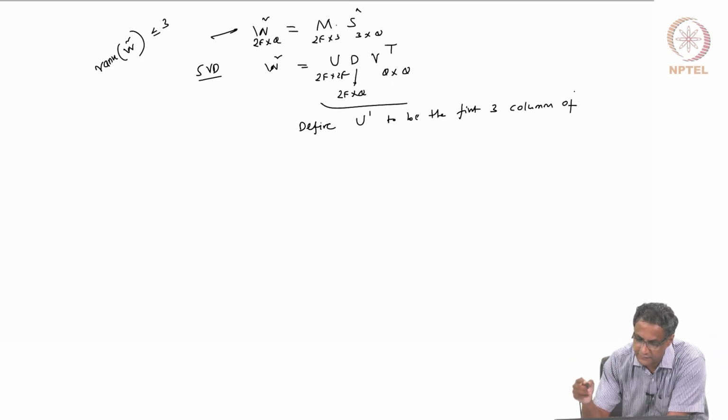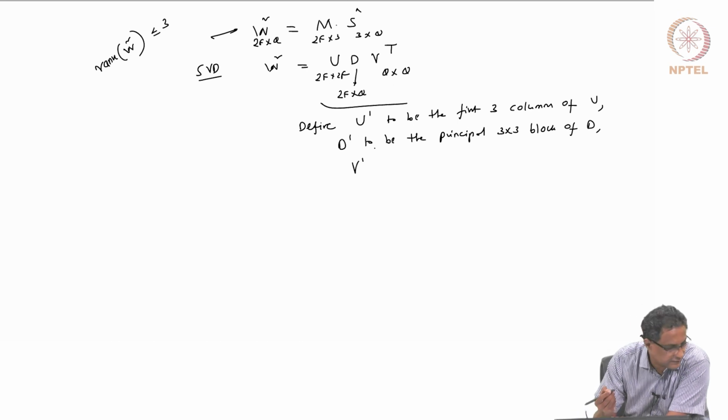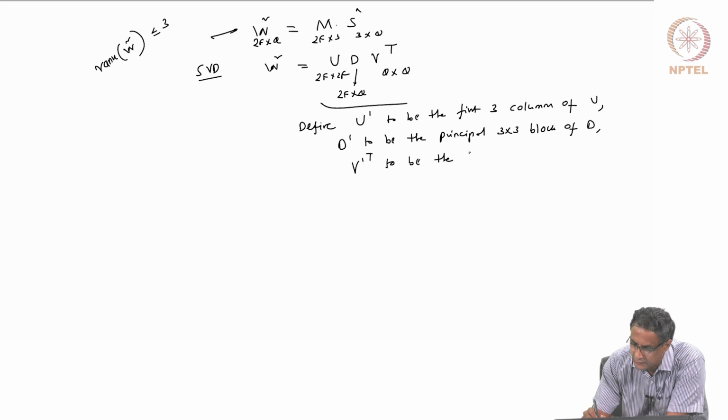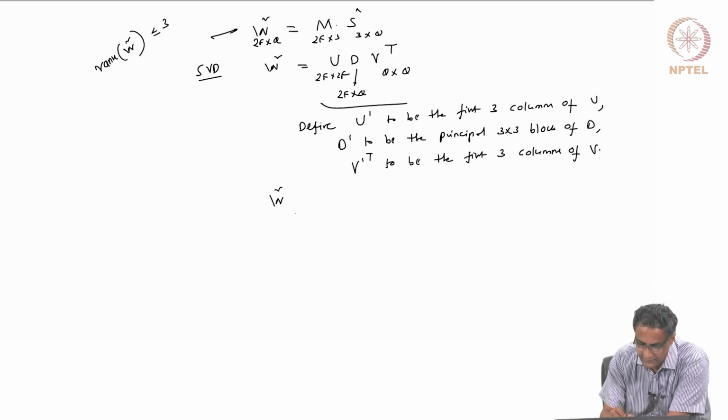Define U dash to be the first 3 columns of U. Then take D dash to be the principal 3 cross 3 block of D. And V dash, the notation I am using, is the first 3 columns of V, or equivalently, V dash transpose is the first 3 rows of V transpose. Therefore, you can effectively write W tilde, which is 2F cross Q, as U dash D dash V dash transpose.